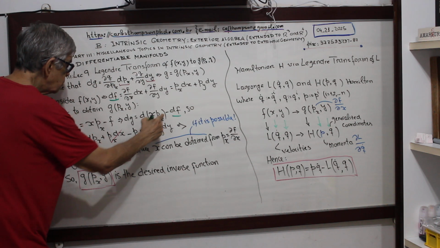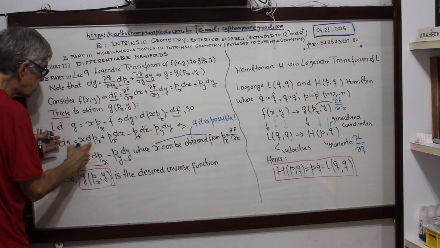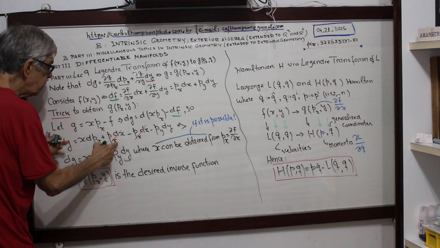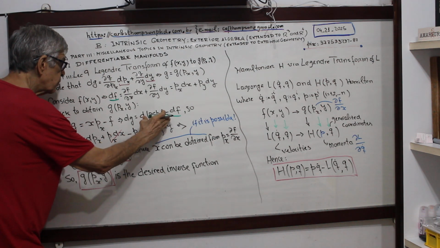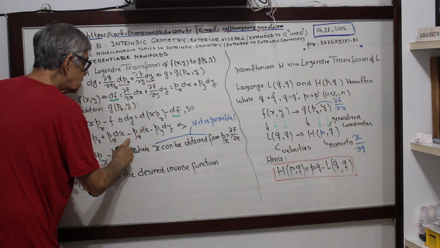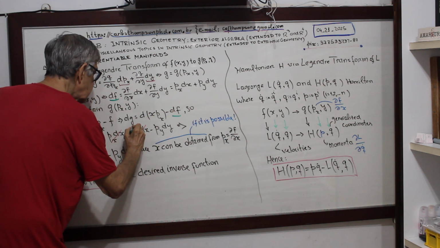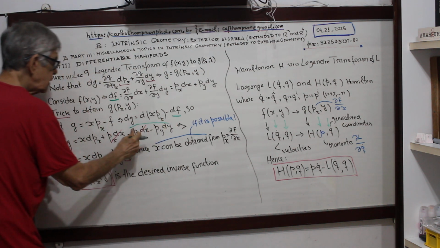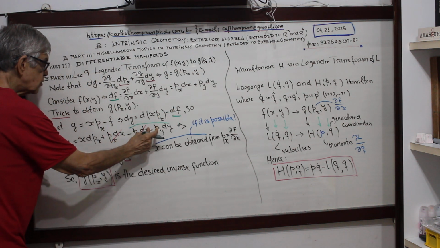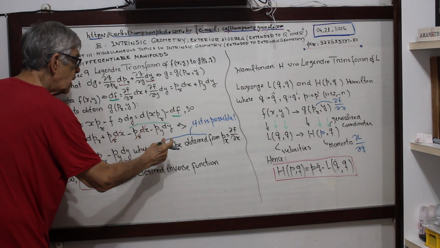This will be, in this case, x dpx plus px dx. That's this part over here, minus f. You see, this is df, which I substitute here.